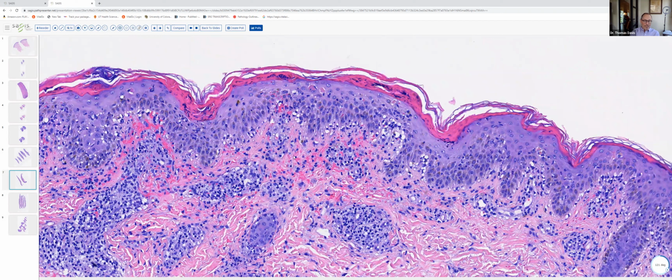Now, there are two other conditions that always enter into the differential with Mucha-Habermann disease, because they can show similar changes in the epidermis, in that they show vacuolar change along the DEJ, variably dense infiltrate in the dermis, and necrotic keratinocytes. And those two conditions are erythema multiforme and fixed drug eruption.